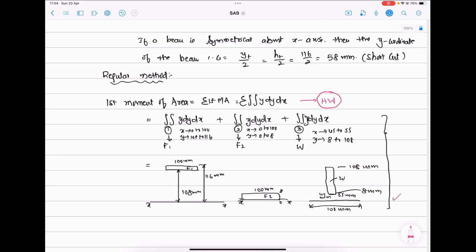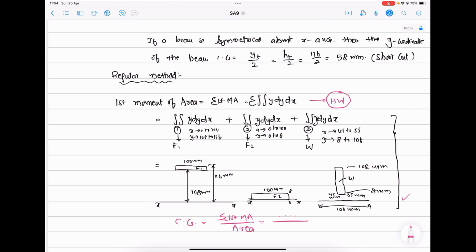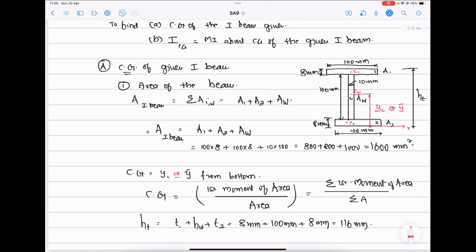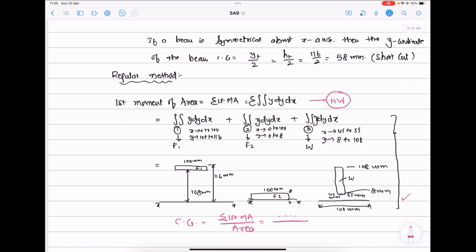See that center of gravity is equal to sigma first moment of area divided by area, that is, the value you get from above divided by the total area. Sigma A is 1600, which is equal to 58 mm.